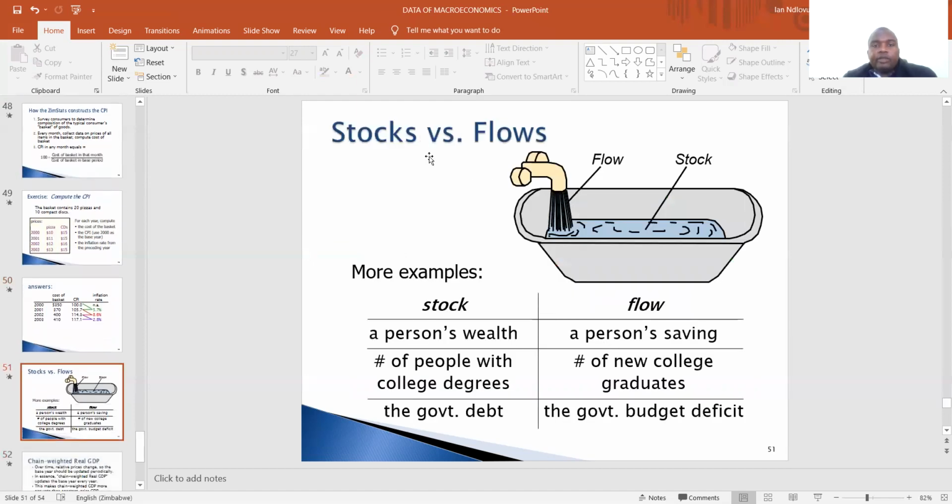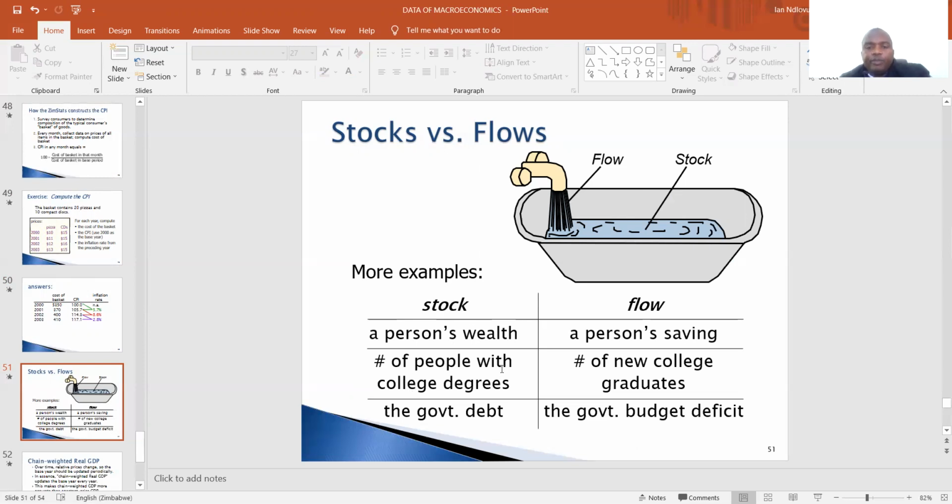And then we look at stock versus flow concepts. In economics, we make use of stock and flow concepts quite a lot. A person's wealth, for instance, is a stock, but a person's saving or savings is a flow into the tap of wealth.